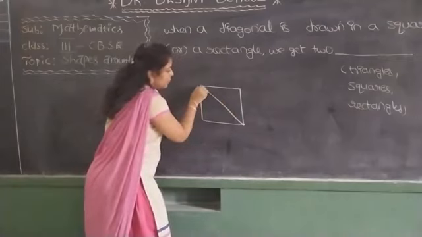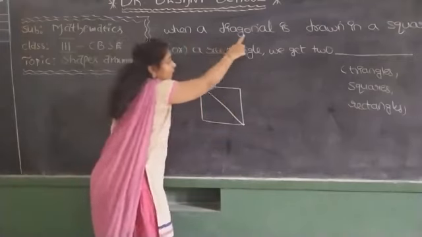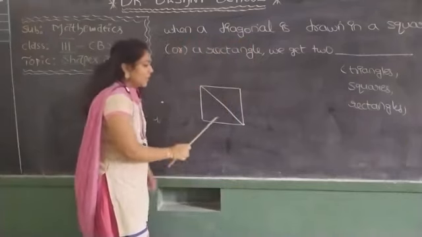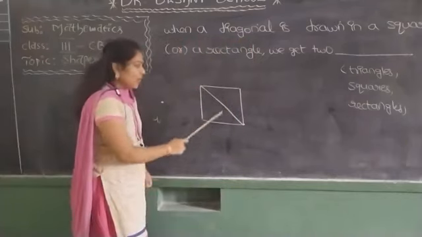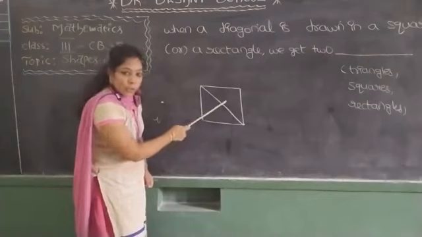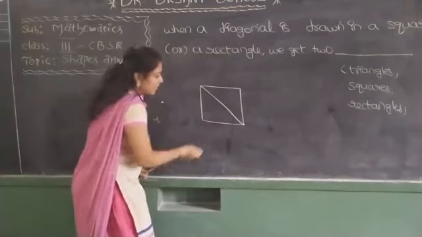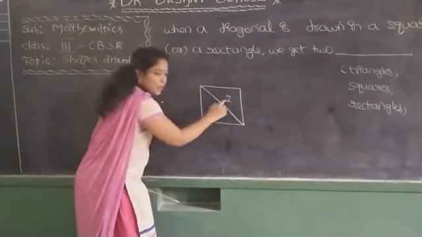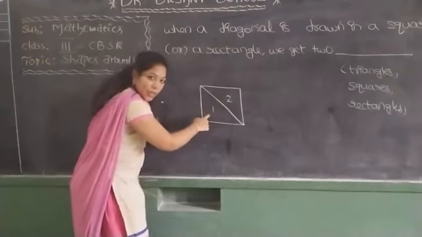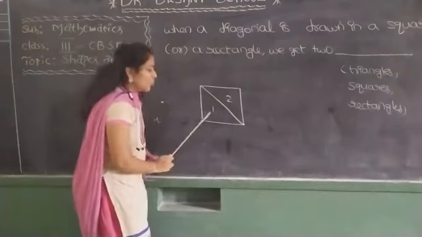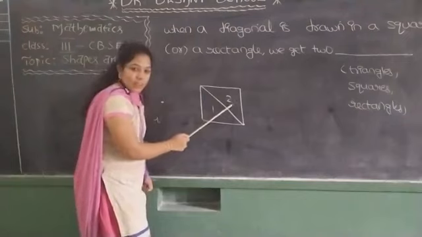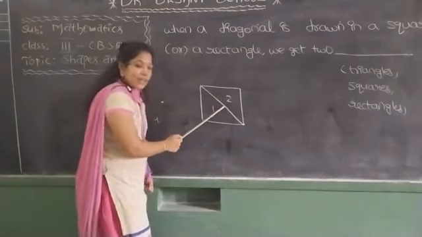Okay, children? When a diagonal is drawn in a square, I have already drawn a diagonal. Now, the image becomes what? Two what? This one and this one. What are these two? Good children, these two are triangles.